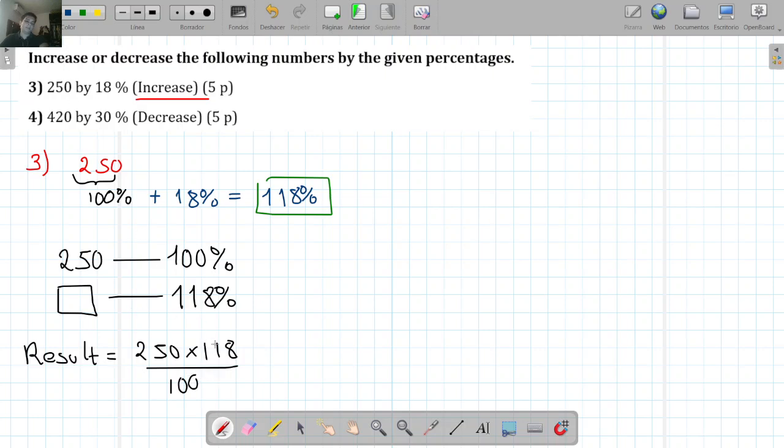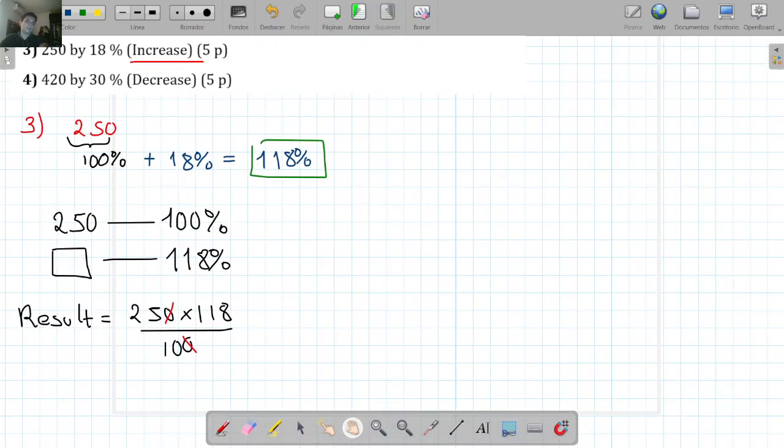If you realize I can divide these things, I will do it very easy. I take the 0, I take the 0. I can divide 25 by 5, which is 5. 10 divided by 5 is just 2.